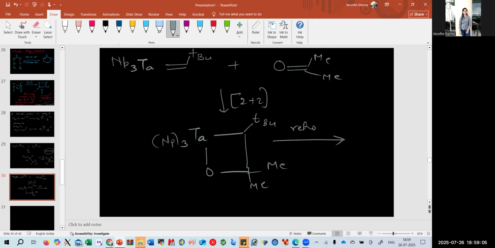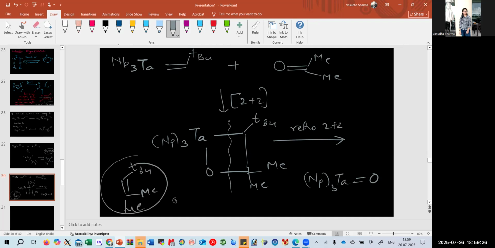Now again retro 2 plus 2 is going to form in this way. That new bond is tantalum oxide, and your product is tertiary butyl and methyl and methyl. So this is your olefin.